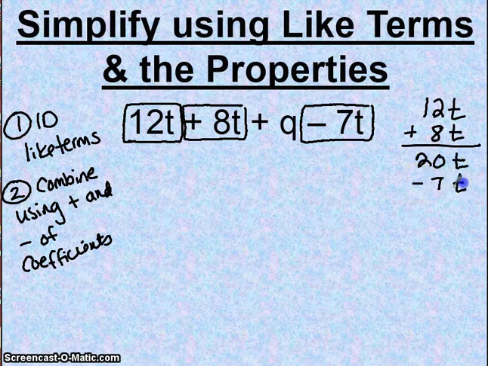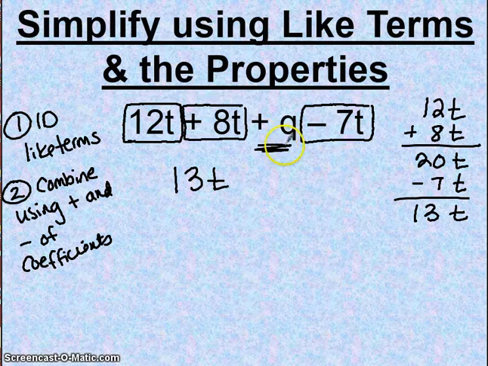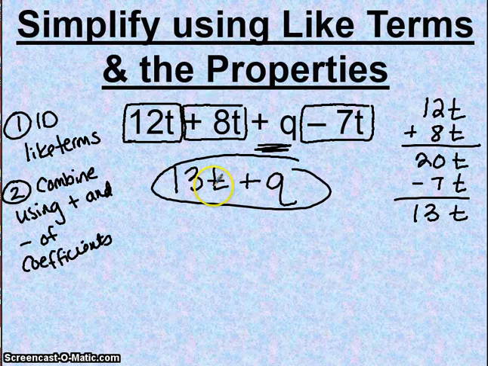Minus 7t is 13t. So you have 13t, and then notice there's no other terms with the variable q to the first, so we put plus q. Students, start to learn to put a tail on your t in mathematics class, because if not, it looks like a plus sign sometimes.